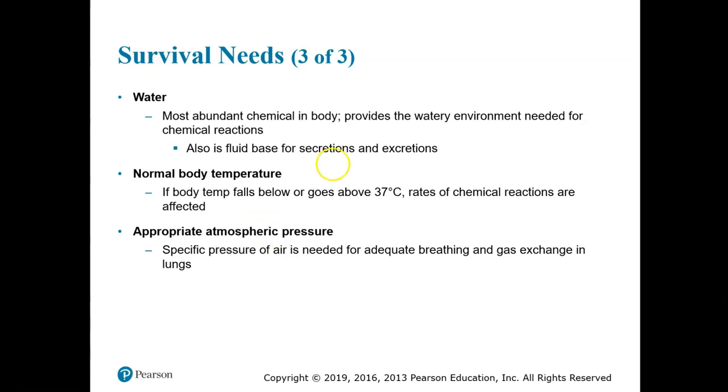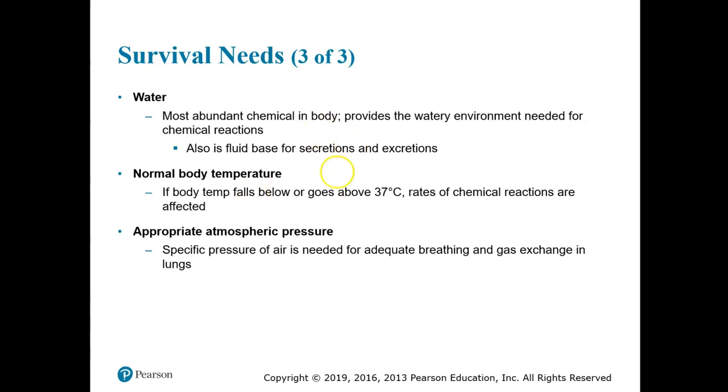We need water because our chemical reactions occur in water. All of the chemicals that are needed in our various chemical reactions must be dissolved in water in order for those chemical reactions to proceed. It's also the fluid base for secretions and excretions.